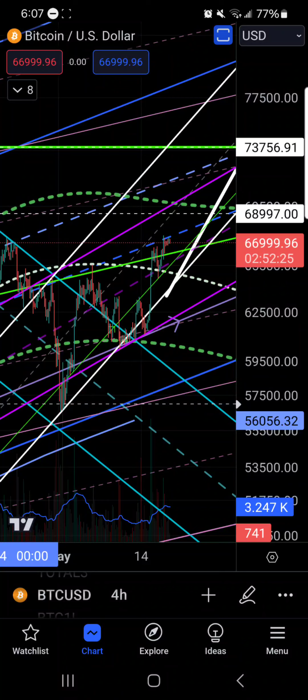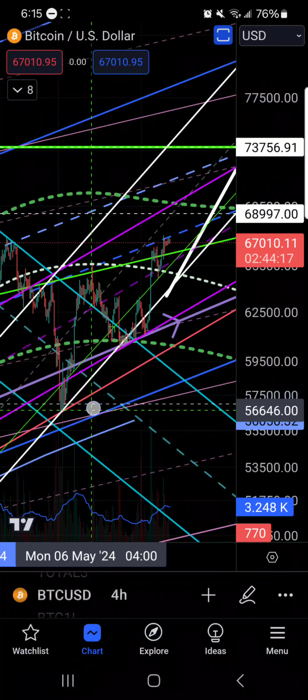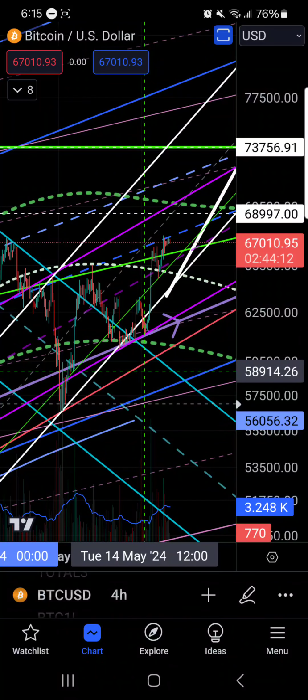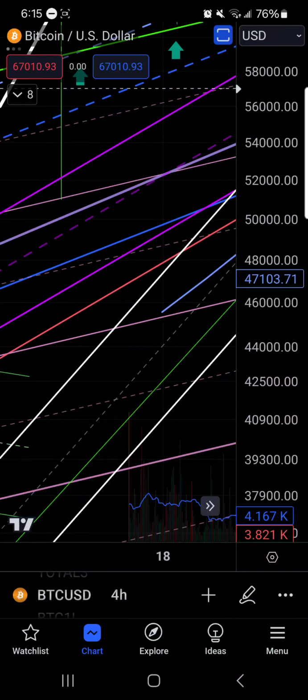Now, I'm thinking about just hiding this red one for now. You know what? I'm going to group those together and just hide them for now. All right, well, I've decided to leave this red trend line. It's our bull rally support line since sometime in the past.